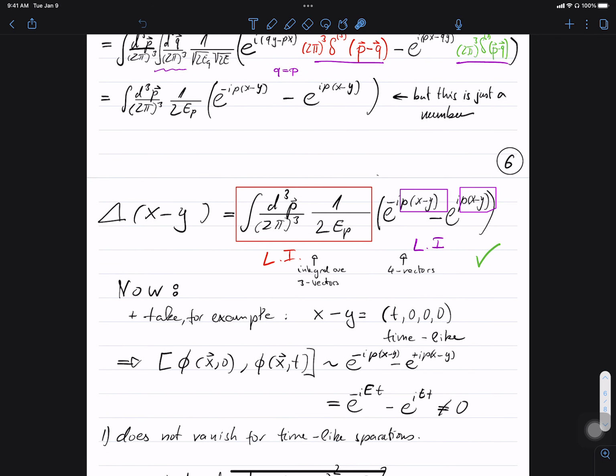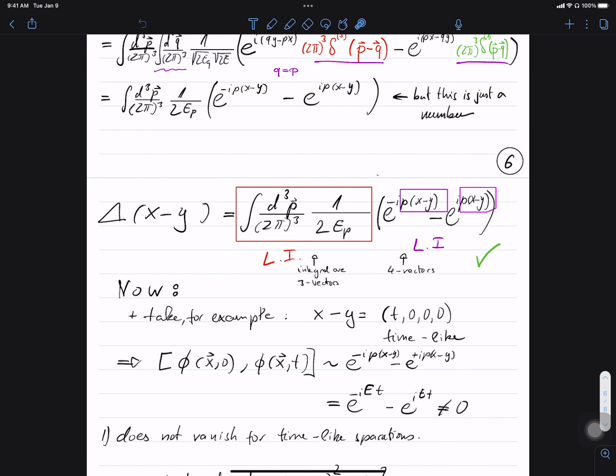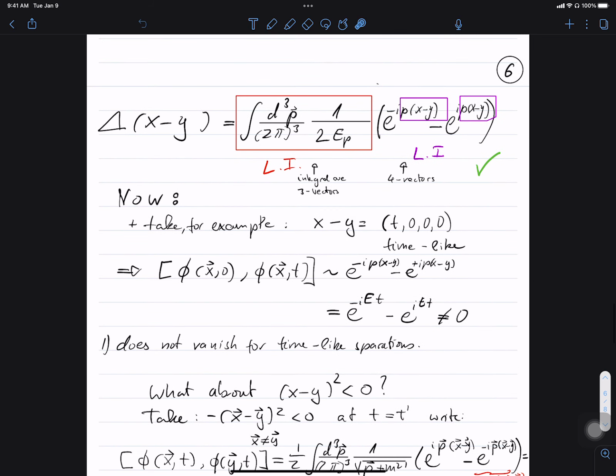So explicitly written like this, we know that this quantity is Lorentz invariant, and now we can do a couple of checks. Let's take, for example, x minus y at space-time vectors is purely time-like. So the spatial separation is 0. There's only a time component. You would get it by setting this vector to be 0, 0, 0, 0, and this vector to be t, 0, 0, 0.